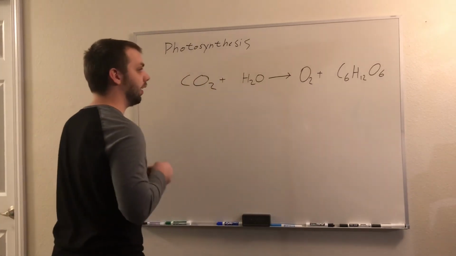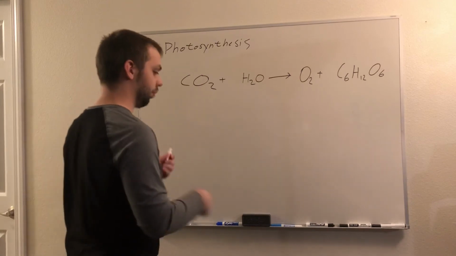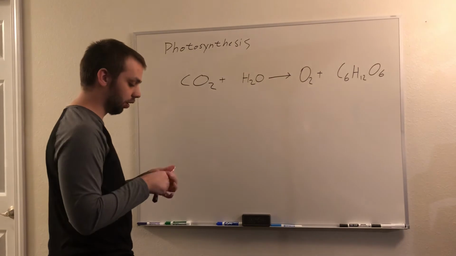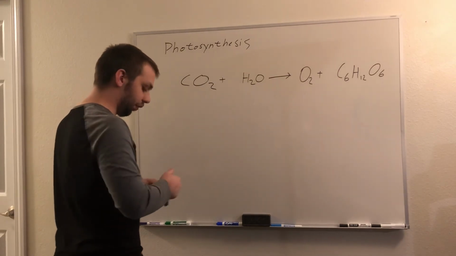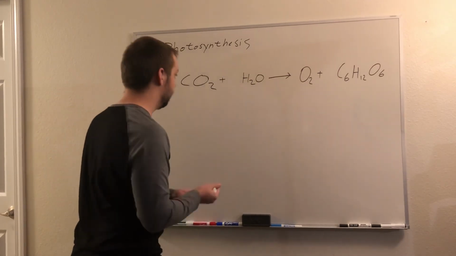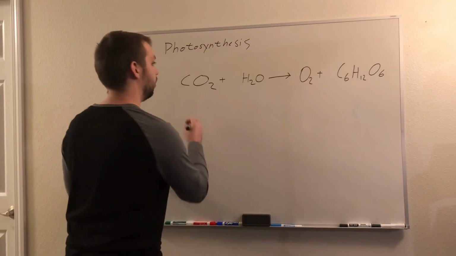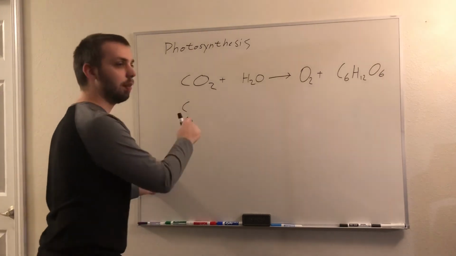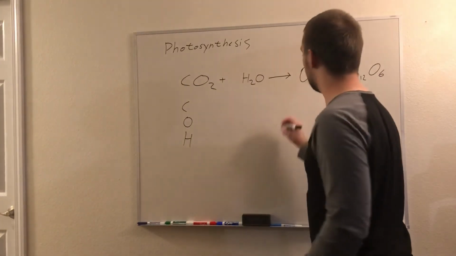So I should keep the same trend going where I start with one color and then move to the other so you see the change. Okay, so we just have our three elements, C, O, and H. These are very common biological elements.